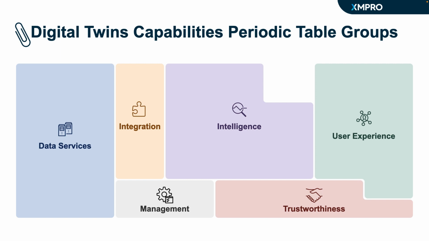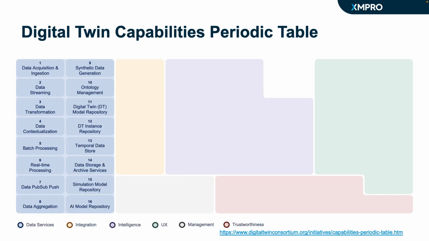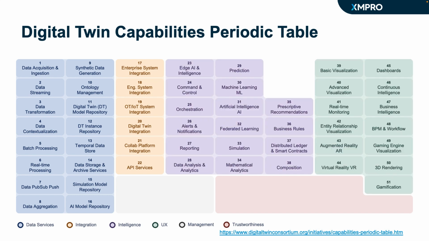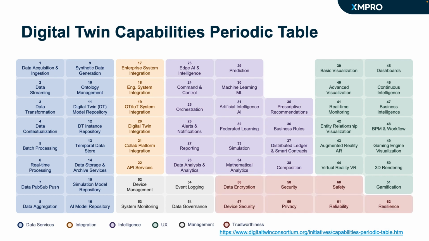Inside that, for example, with data services, we have data streaming and data transformation. So there's a whole bunch of core capabilities. There's actually 62.